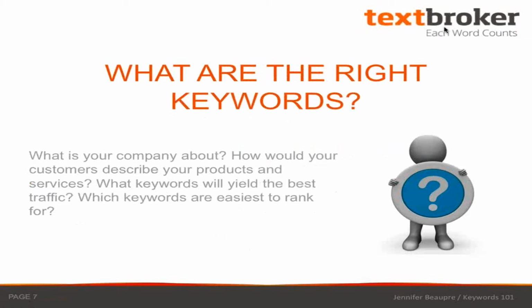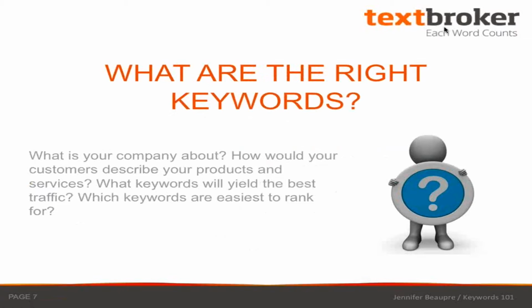So again, if you are a plumbing company, some of your keywords should revolve around plumbing. They should also revolve around where you're located or specific services that you offer. Another thing is, think about it from the perspective of your customer. What are they searching on? Are they searching on a term like the best service for plumbing in Las Vegas?